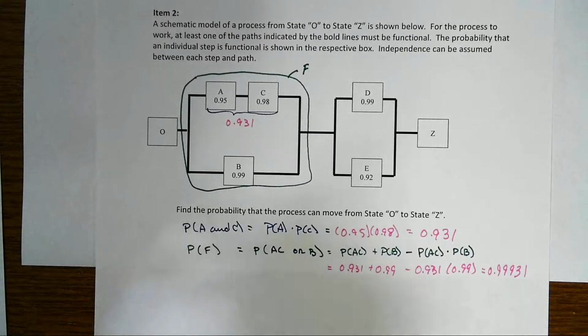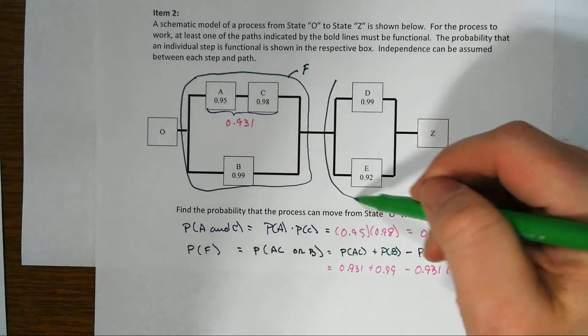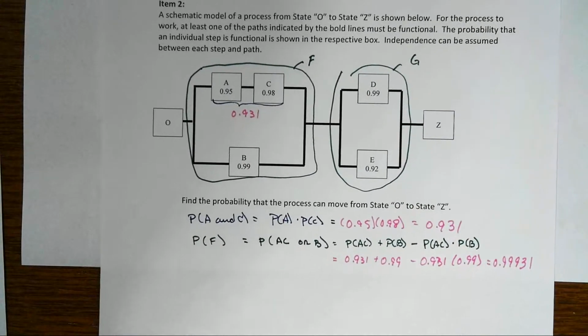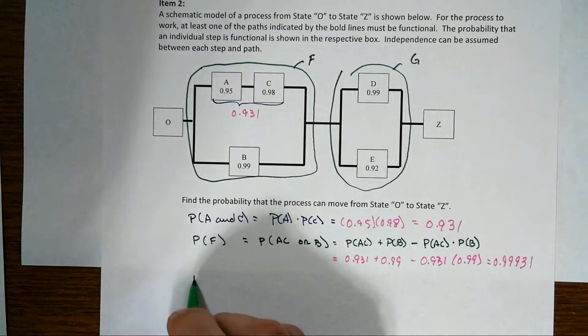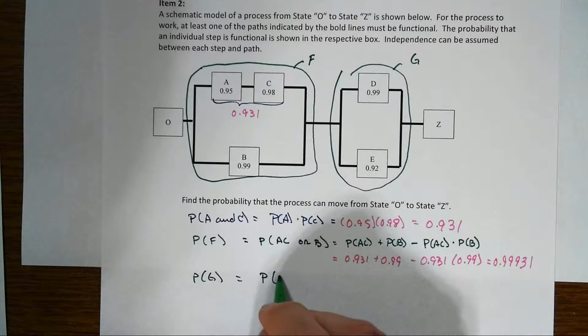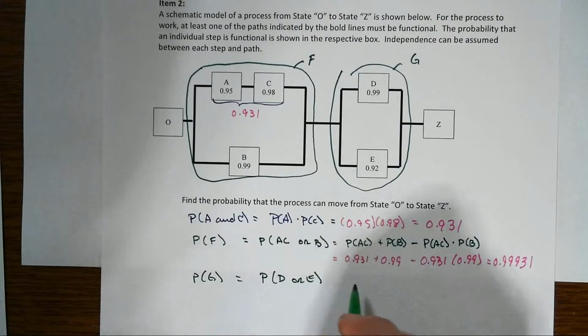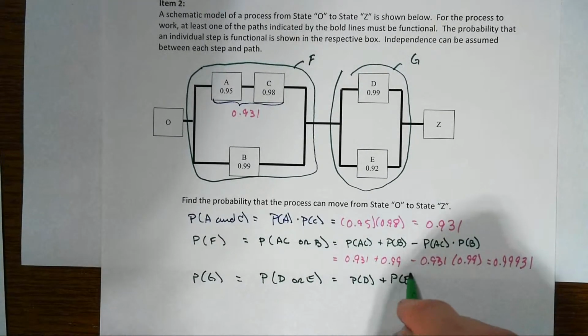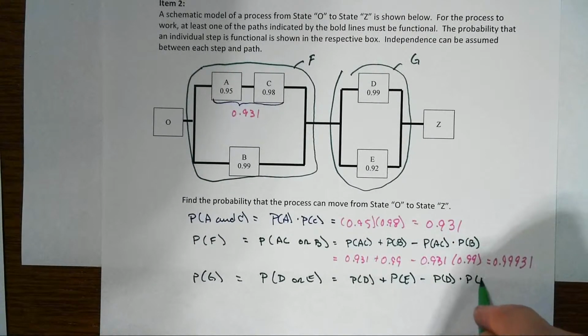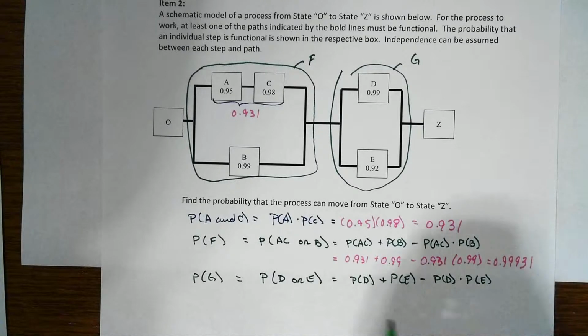And then likewise we have the same kind of setup here on this last one. The probability of G is equal to the probability of D or E being successful. So that's the probability of D plus the probability of E, the marginals, minus the intersection events, the product of the individual marginals.